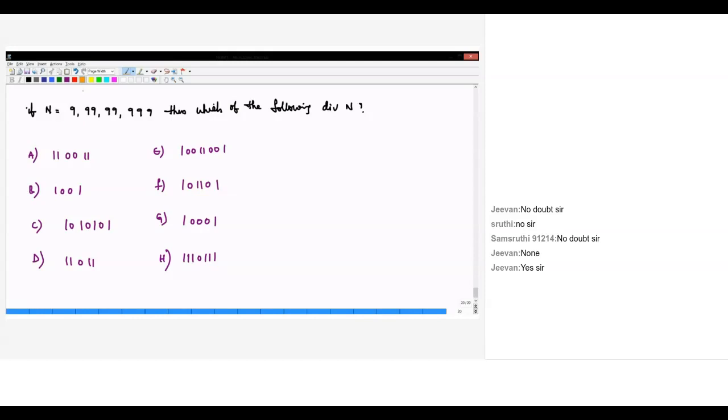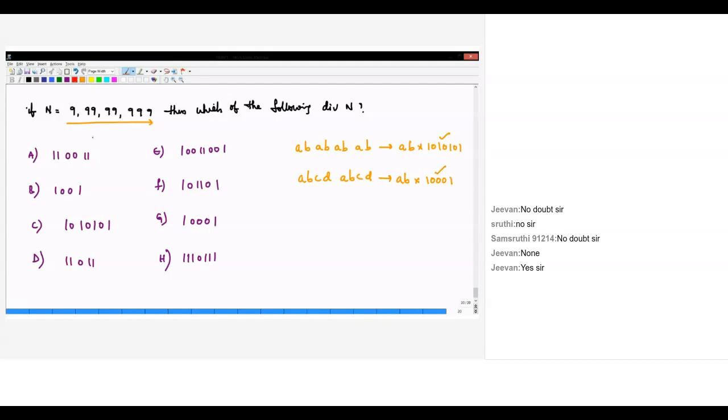Now, see, there are 8 digits. In these 8 digits, every digit is the same. Therefore, you can write it as AB, AB, AB, AB. You can also write it as A, B, C, D, A, B, C, D. That is AB into 10101010 1, or ABCD into 1 triple 0 1.